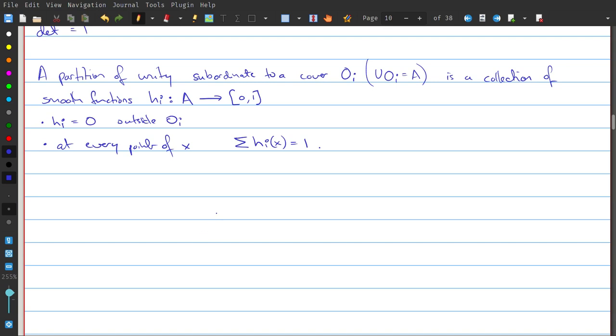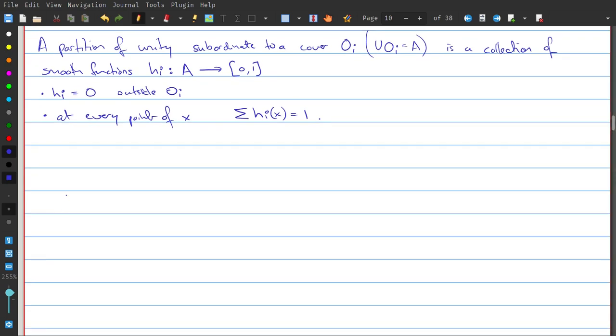If you look at the actual definition of 2.2, it's a bit more complicated. It has this local finiteness detail. But these are the core principles we want, and the rest are technical details that you should know, to make sure the calculations are all valid.